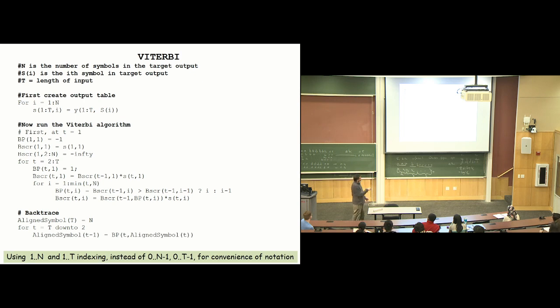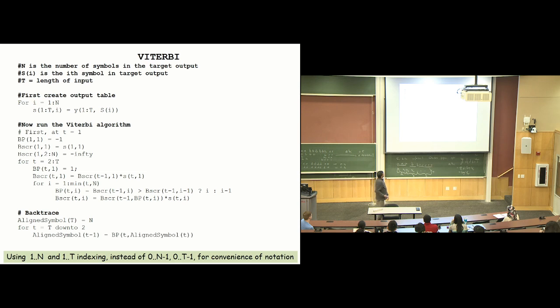And then in this portion, you initialize the first column, making sure that only the top left corner of the table has a valid probability. The rest of them in the first column have scores of -infinity. And then you go through the rest of the table, one time step at a time. And for each node, you find the best parent and then find the best path score to the node, which is obtained by extending the best parent, right?